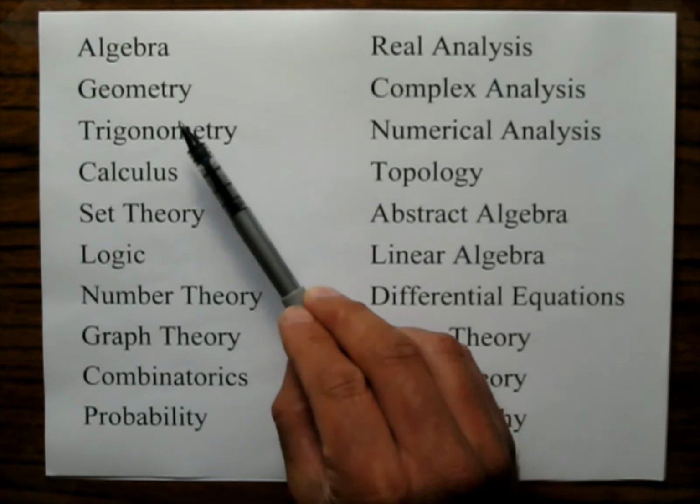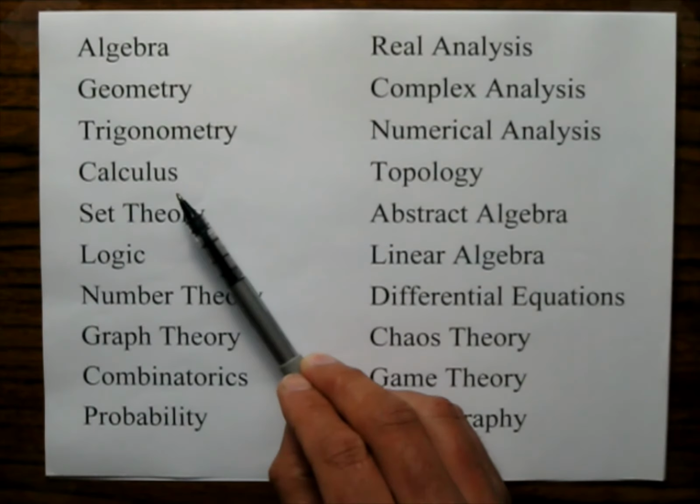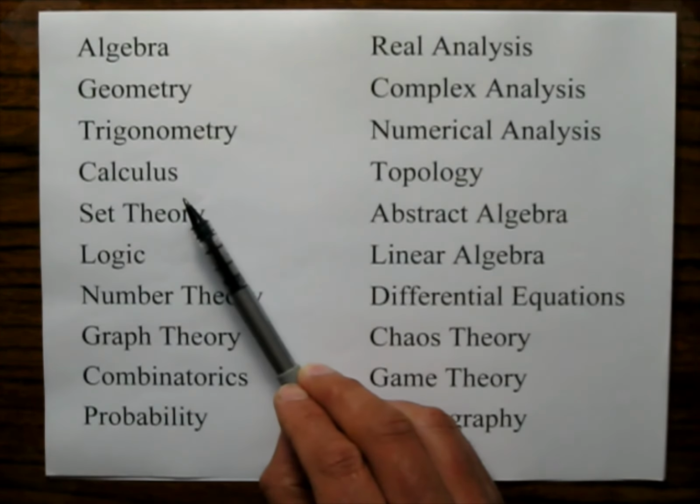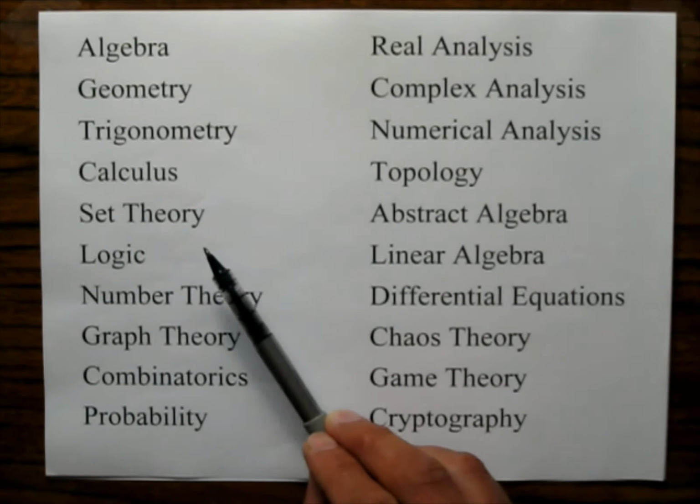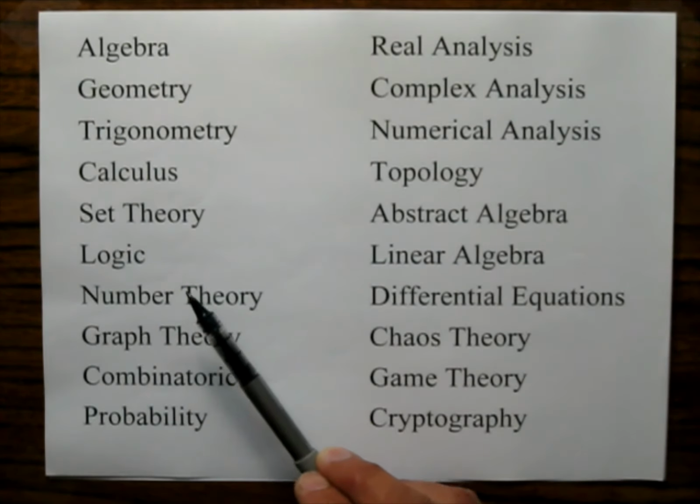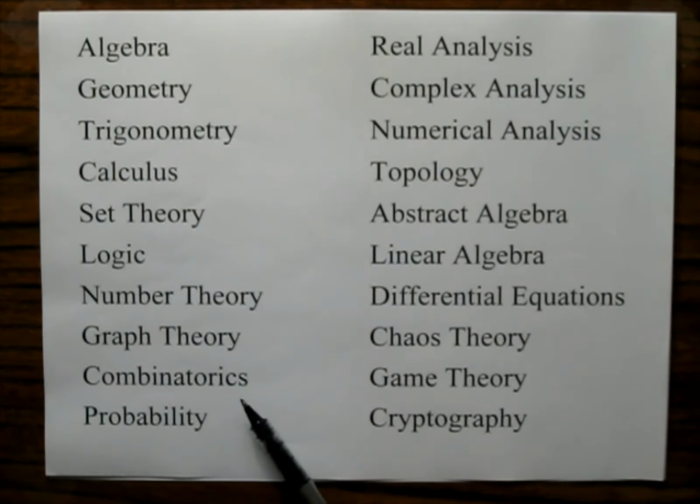We have algebra, geometry, trigonometry, calculus, and that's usually what you see early on. But if you go to the university, you'll see that they teach such topics as set theory, logic, number theory, graph theory, combinatorics, probability. Maybe you've seen that in a statistics class.